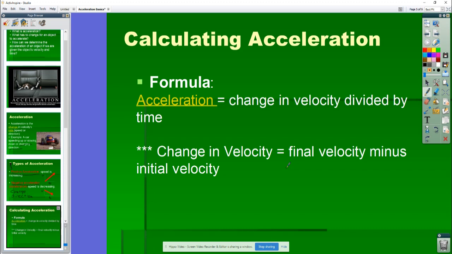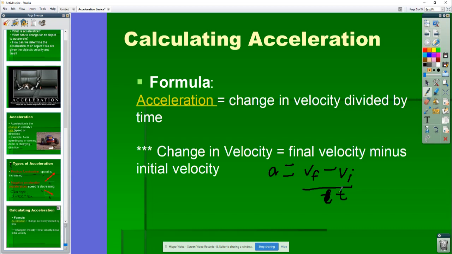You will see A is equal to V sub F, so that's like a little f below a V, minus V sub I divided by time. Sorry about that. Let's make that look more like a T. So, final velocity minus initial velocity divided by time.